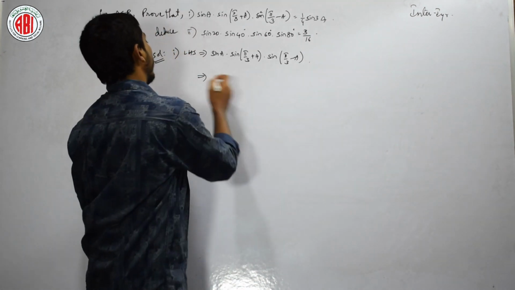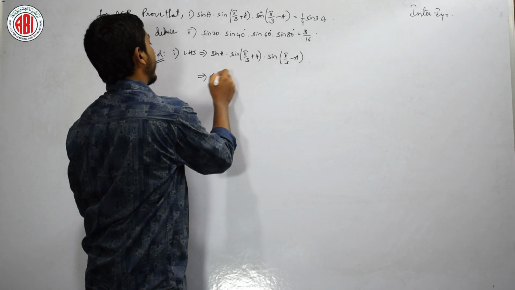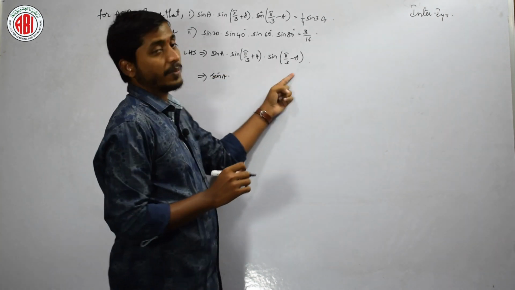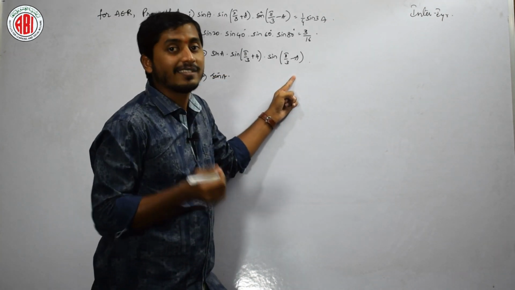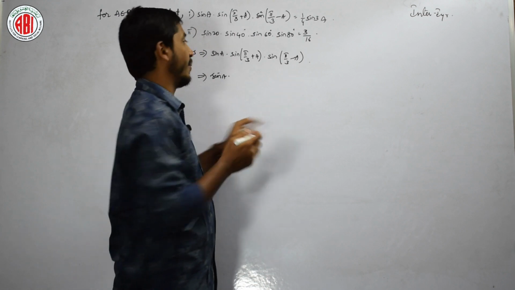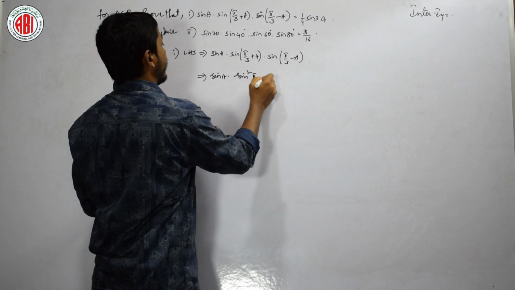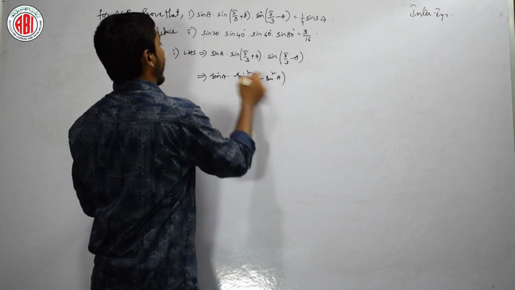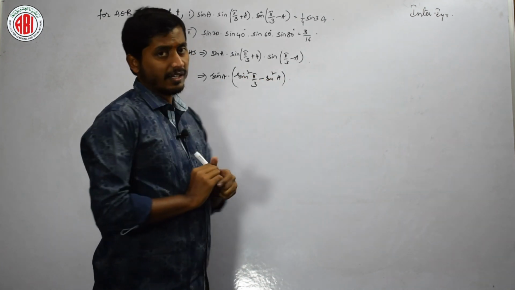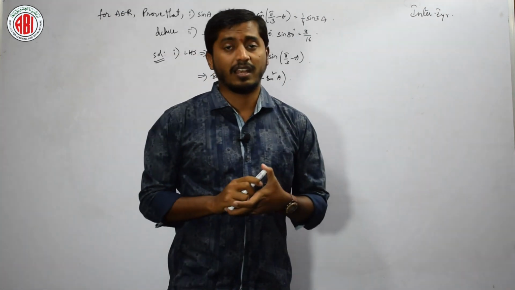Here let us use the formula of sin(A+B) into sin(A-B). What is it? It is sin square A minus sin square B, that is sin square pi/3 minus sin square A. Is it not the same which we learnt?